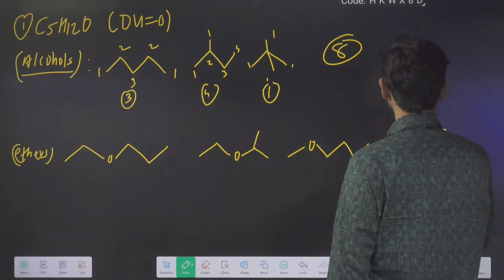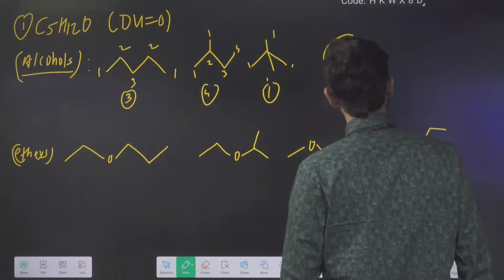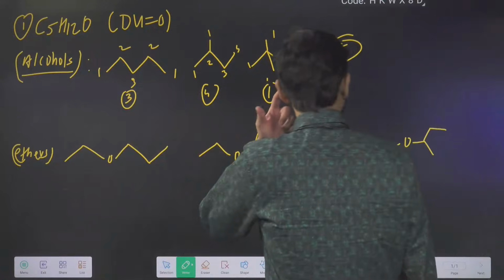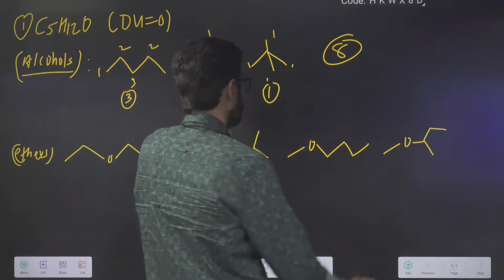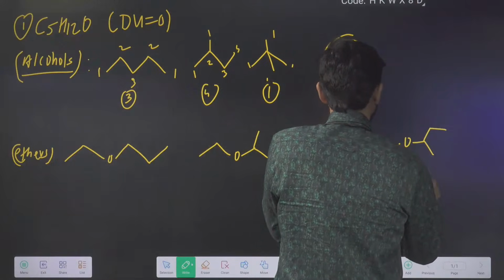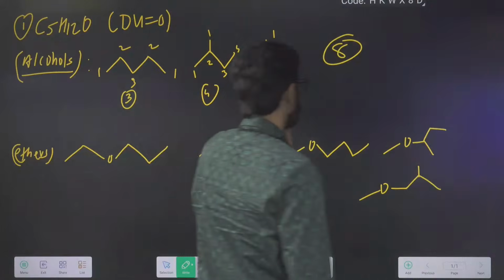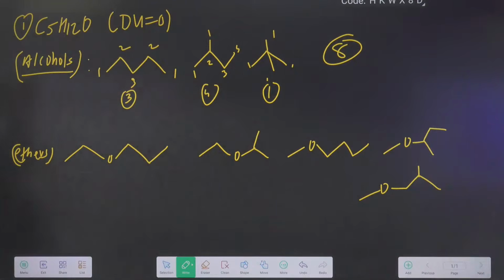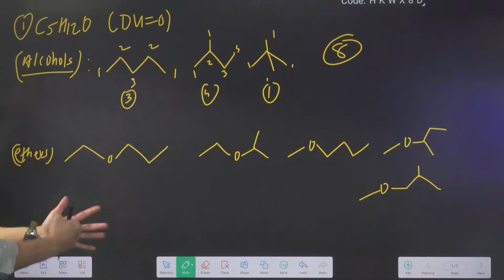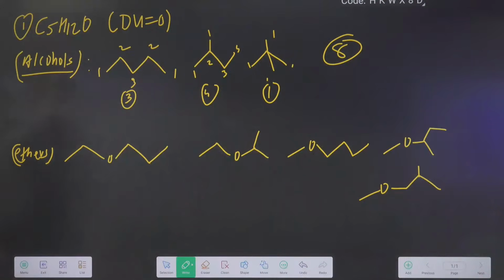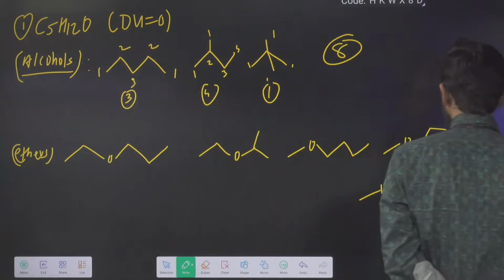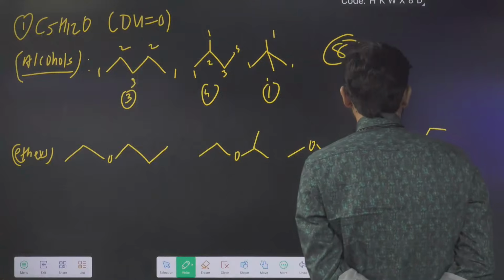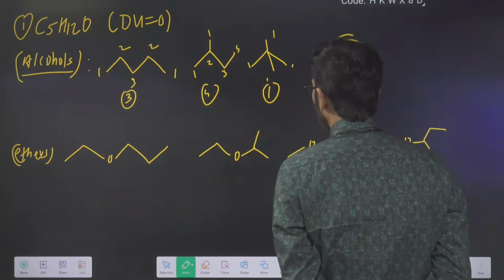Second position, like this, sec butyl. Then any other possibility? Other possibility is there, like this. How many are we getting? 2 here. Then 1 carbon with 1, 2, 3, 4, 1, 2, 3, 4, and 1, 2, 3, 4.